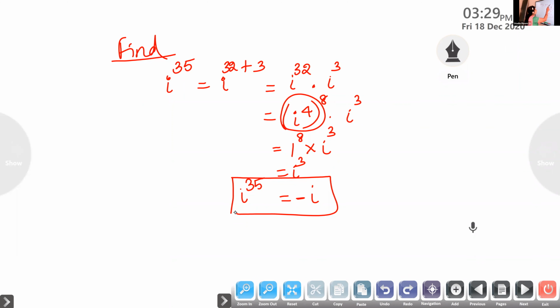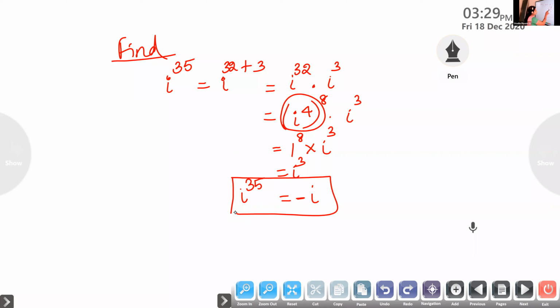Now 32, how we can write? a raised to m whole raised to n is a raised to mn. So this 32, we can write as 4 into 8, because we know that 4 is the smallest integer for which the value of i will become 1. So we are writing in terms of 4. So it is i raised to 4 whole raised to 8.